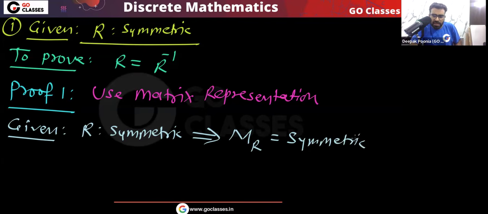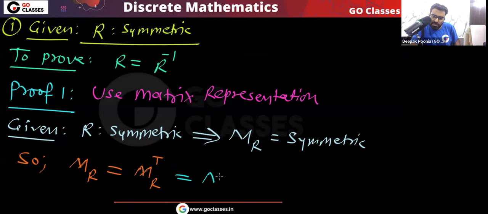So you tell me, if a matrix is symmetric, then its transpose will be same as this matrix. Yes or no? So if matrix is symmetric, then I can say that this matrix will be same as its transpose. Okay, and you already know the transpose of matrix of R, that is same as matrix of R inverse.